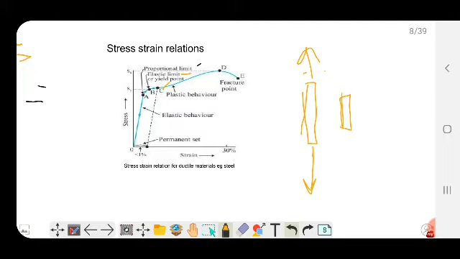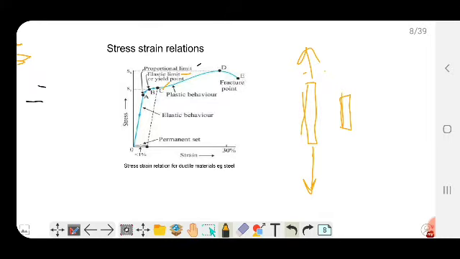So in this way, after that, when we slightly increase the force, it will again undergo an increase in length, and even for small stresses it will undergo larger strains, and this is the way it will go. Up to D, with the increase in stress, strain is increasing.